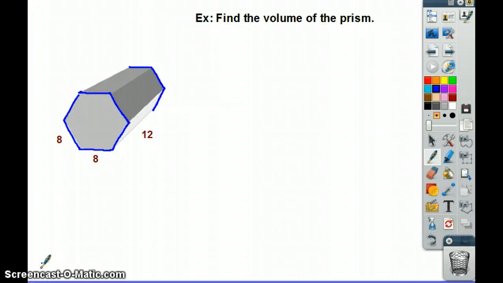Now, I did not indicate what all the sides are. I do intend this to be a regular hexagon as the base. So all those angles are equal and all the sides are 8. And we're going to use this volume formula, the area of the base times the height.